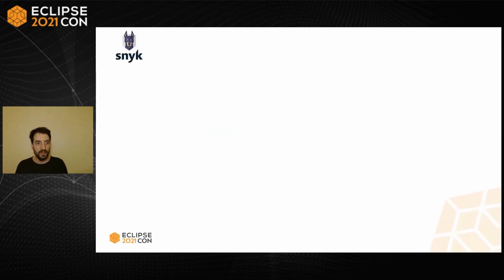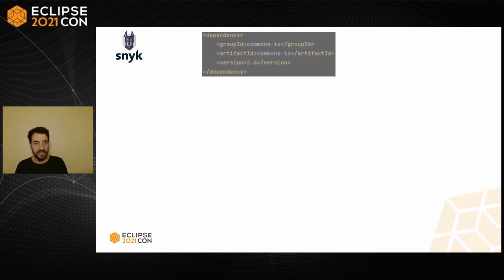Again, another tool that can help us is Snyk. This tool is actually able to overcome the limitation of Dependabot by looking at transitive dependencies. But again, here I have an example with, it's not really a limitation, but at least a drawback, something that can be better with Snyk. In this example, I'm including the Commons IO library, version 2.6. And again, it has a known security vulnerability.